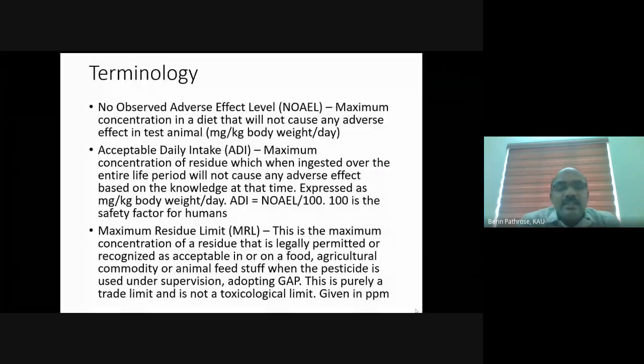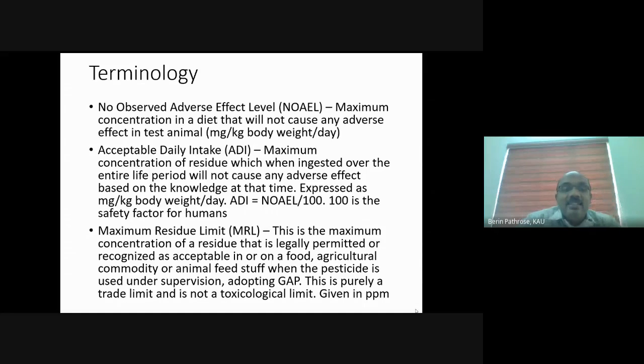So it's the same maximum. The only difference is that no observed adverse effect level is in test animals, while acceptable daily intake is with respect to human beings. So it's the maximum concentration of residue which, when ingested over the entire lifetime, will not cause any adverse effect.